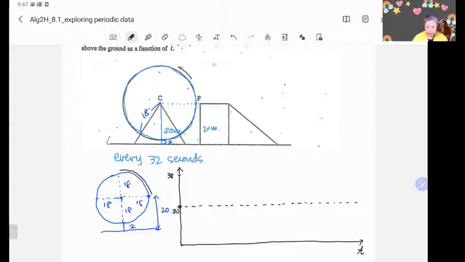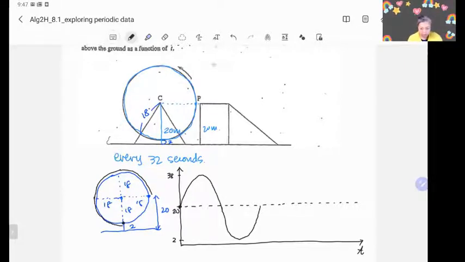Going down, down, down past the midline here, it hits the minimum, which is 2. So as time goes by, it hits the maximum, passes the midline, hits the minimum, and then this must be one revolution.